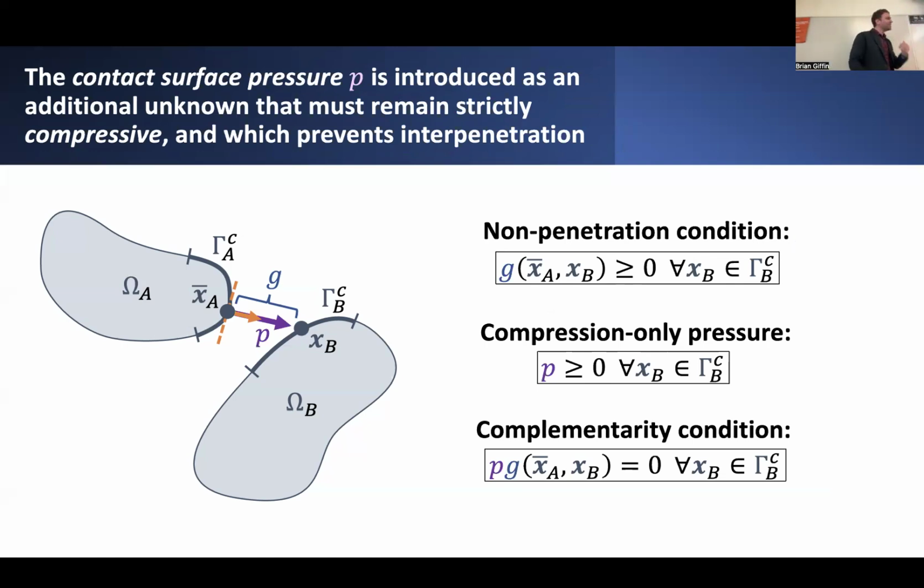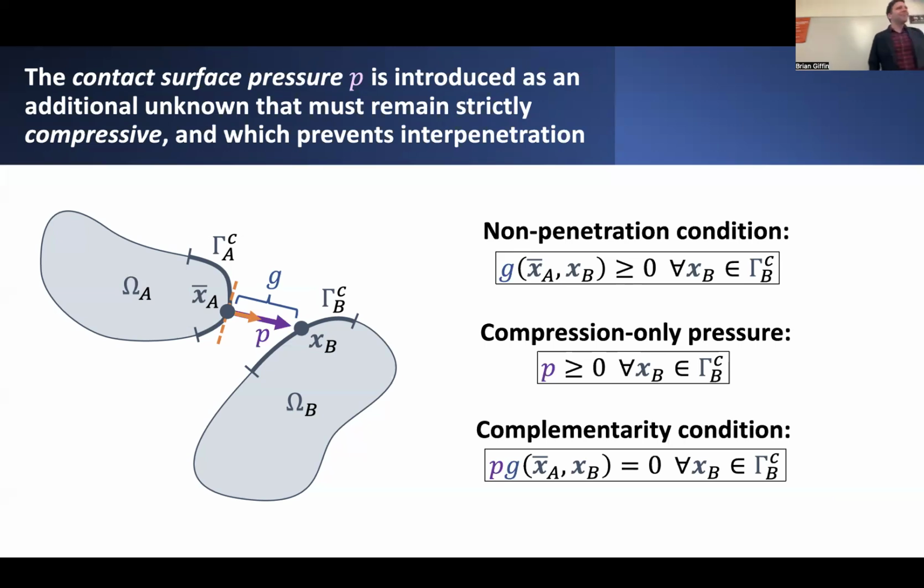We have a gap function that just measures the closest point between two adjacent points on two distinct bodies. That gap will be open if the gap function is positive, and it'll indicate that there's interpenetration if the gap function is negative. And to get rid of that interpenetration, we have to introduce some new contact force, or in this case, a contact pressure that pushes the two objects apart if they were to otherwise come into contact.